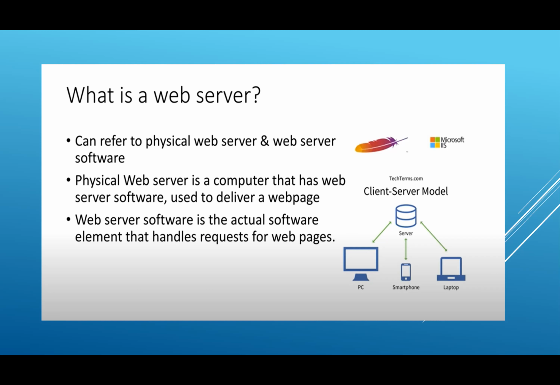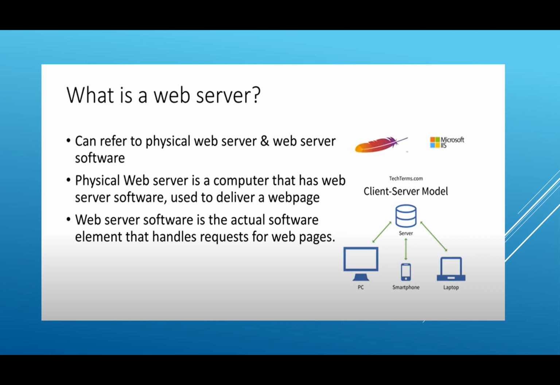Essentially, you will have the physical web server that has an operating system, which might be Mac OS or might be Windows, and then you will have web server software installed on top of that.